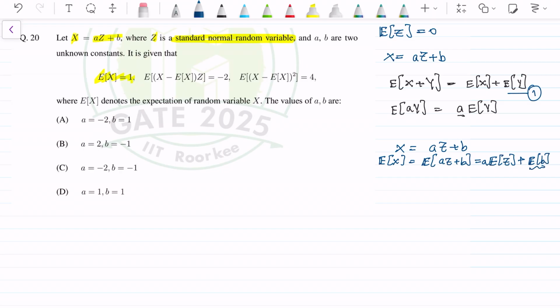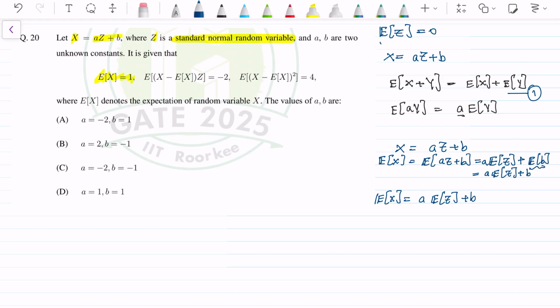Since b is a constant and it is not a random variable, it can be rewritten as a times expectation of z + b.